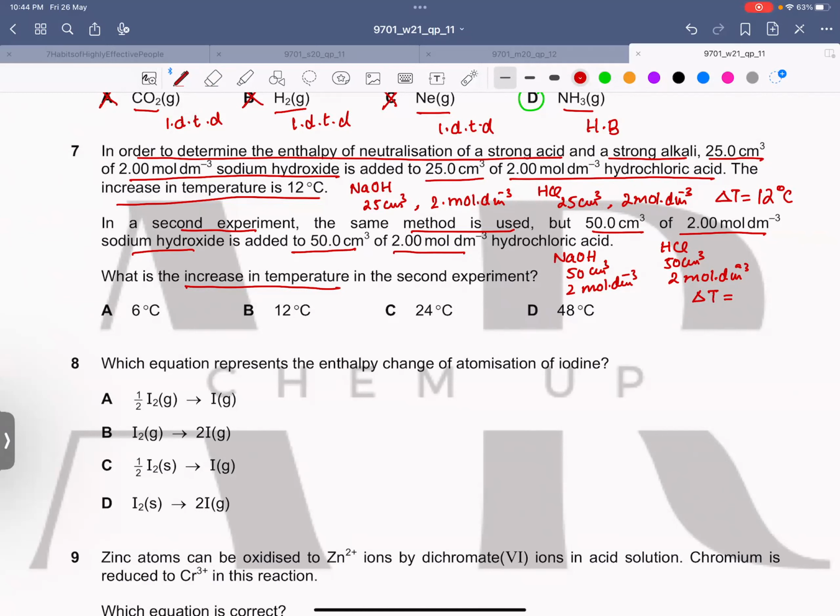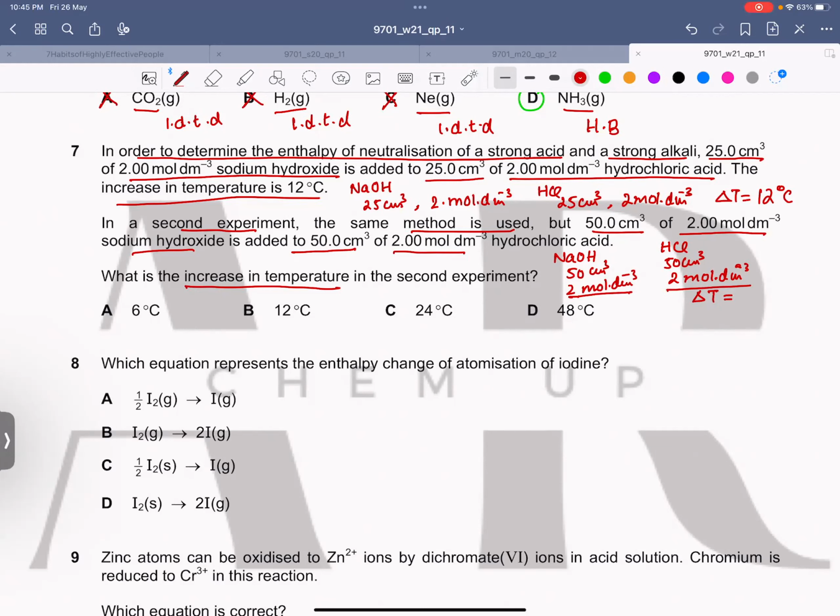Can anyone suggest what would be the change in temperature? See, there is an equal concentration.